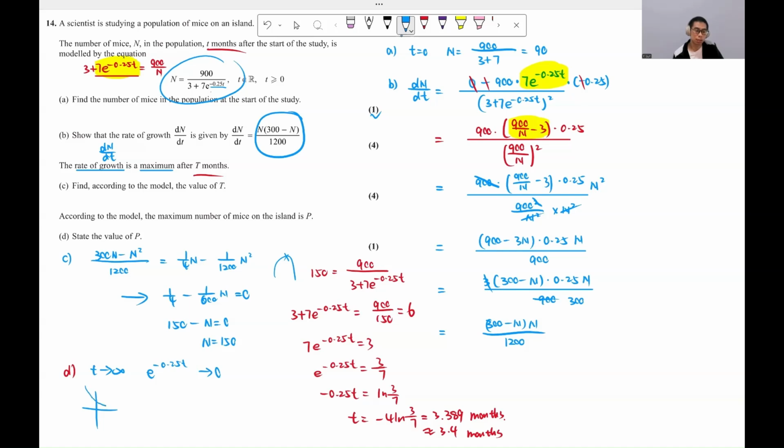It just goes like this. So if t gets bigger, the value will get smaller, just keep approaching 0. Eventually it will become 0. So then you can just do P is equal to the maximum value, just 900 over 7 times 0, just 0. So 900 over 3 is equal to 300. So that would be the final answer.